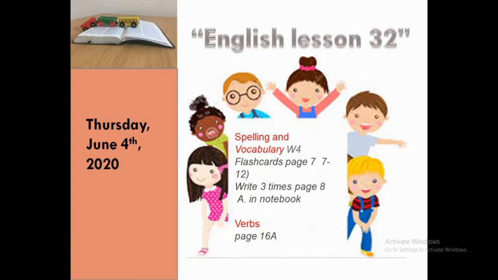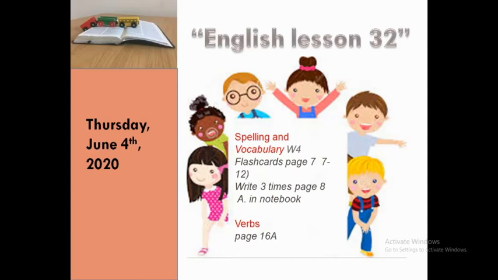The topics that we are going to see for today, first of all, in the spelling and vocabulary section, we are going to study the words that are in week number 4, page 7. The words are from number 7 to number 12. After that, we'll have to write 3 times the words of the vocabulary. That activity is on page number 8.